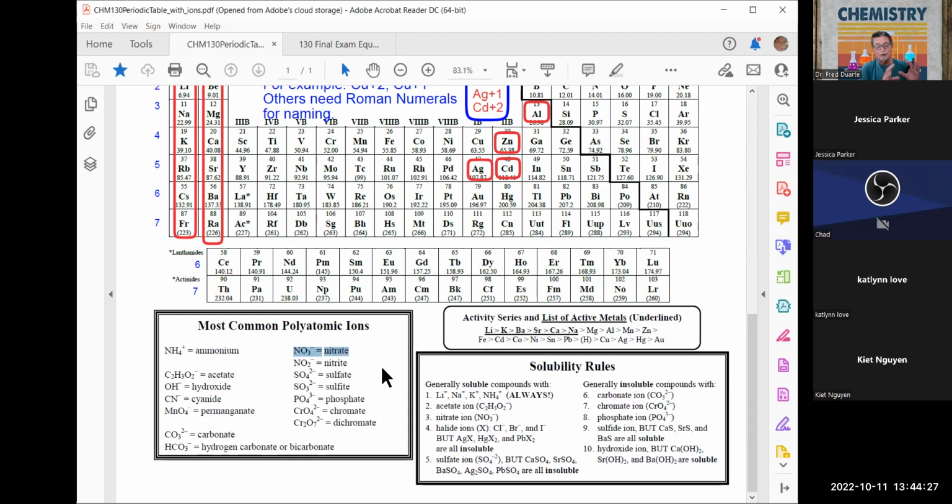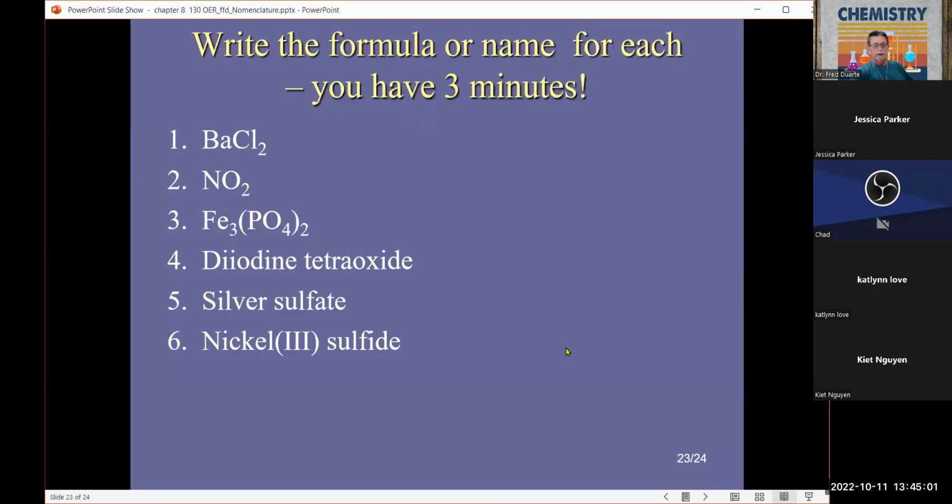That is not nitrogen trioxide, or if it was the nitrite, which would be the NO2 with a negative charge, that would not be nitrogen dioxide, because the negative charge tells you it's a polyatomic ion and therefore has its own specific name. The other thing to remember about the polyatomic ions is if you need more than one, use a parentheses with a subscript to show how many of those polyatomic ions you need.